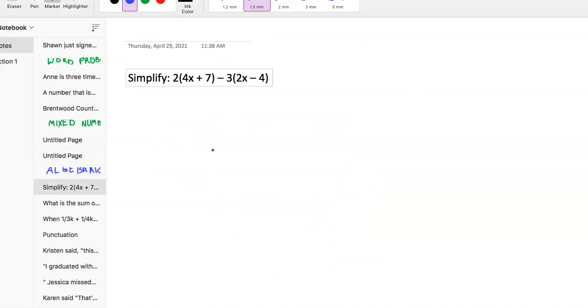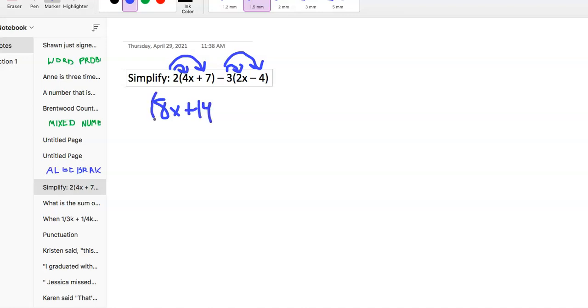All right, next one. Just simplifying this, right? So just remembering your distributive property, we're going to go 2 times 4x, 2 times 7 minus this and that. Let's see what happens here. We got 2 times 4x, so we start off with 8x, and then 2 times 7, so we got a plus here, and 2 times 7 is 14.